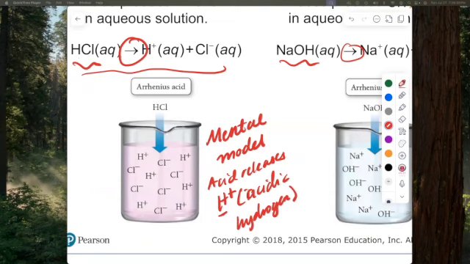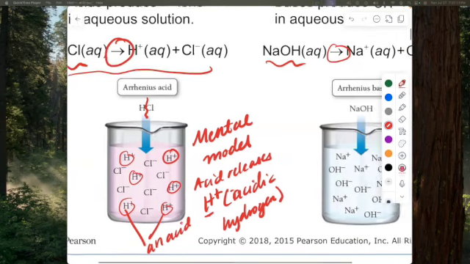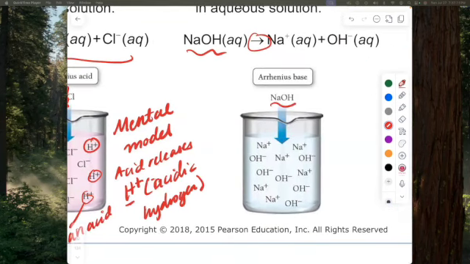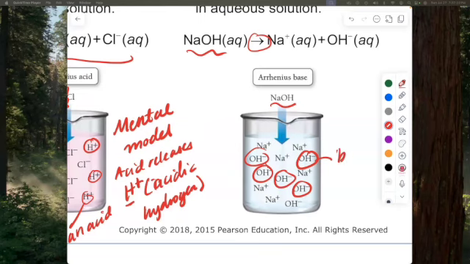The acid ionizes. It breaks apart to produce ions. One of the ions happens to be the hydrogen ion, the other one happens to be the chloride ion. So it's the positive ion that makes this an acid. On the other hand here, sodium hydroxide produces OH minus. And the OH minus is what makes this, once again, a base, because the OH ion is the ion that represents base.